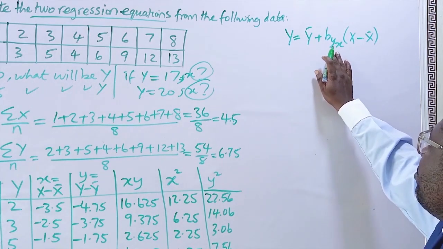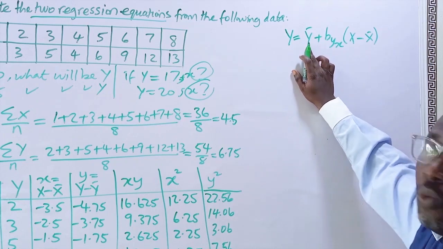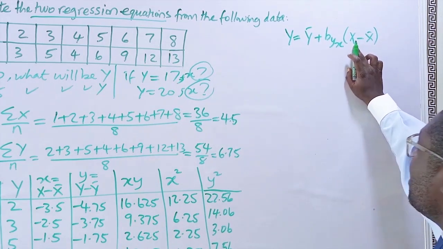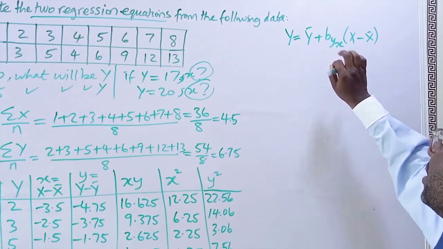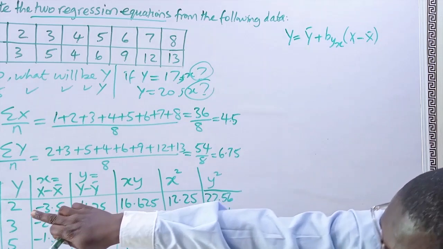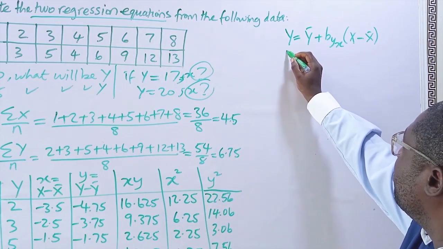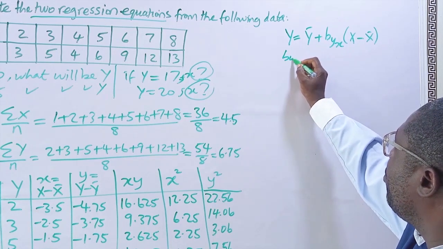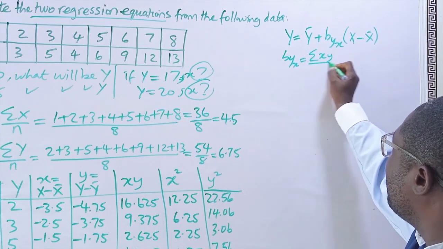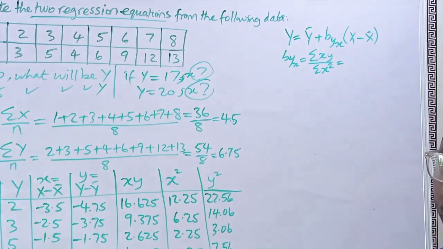Now to get this one, we know all these other ones. We know what y bar is, we know what x bar is, we're looking for y, but we now need to determine this one, the slope. The slope, as we can see on the board on that side, is given as b of y based on x is the summation of xy all over summation of x squared.